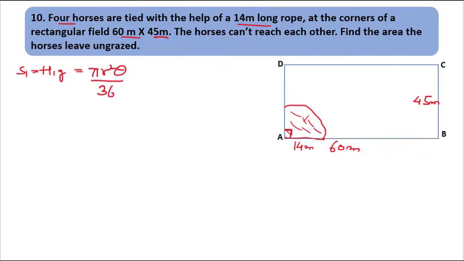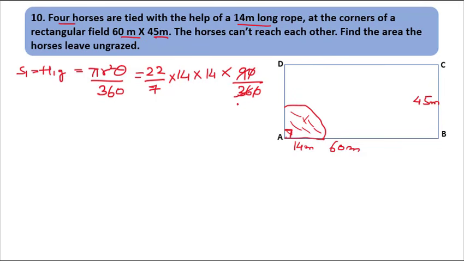This is what we learnt when we were learning the area of sectors in the circle. So here the value of pi is 22 upon 7, we know. R here is 14. So 14 into 14, theta is the angle at A, that is 90 degrees here, divided by 360.